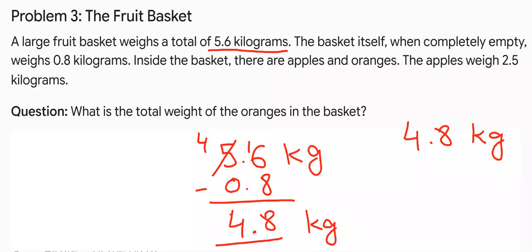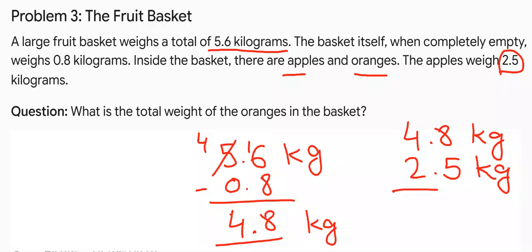Okay, inside the basket there are apples and oranges. The apples' weight is this. So if we subtract the weight of apples, we will definitely have the weight of oranges left with us. Okay. 8 minus 5 is 3. 4 minus 2 is 2 and the decimal in its own place.